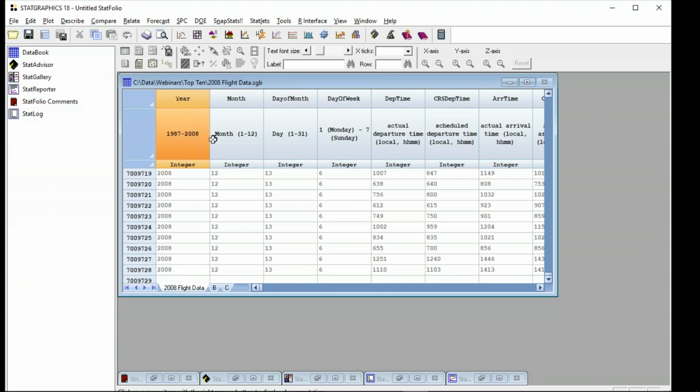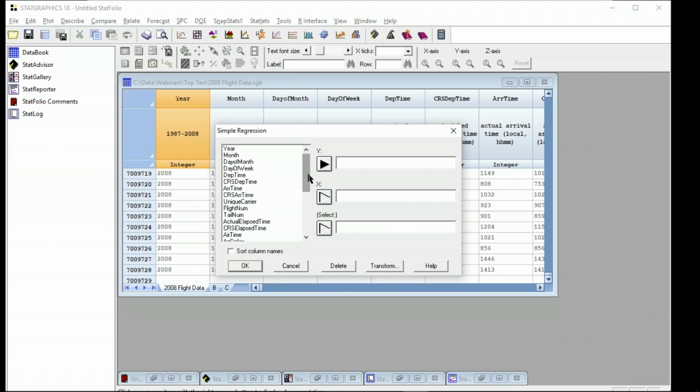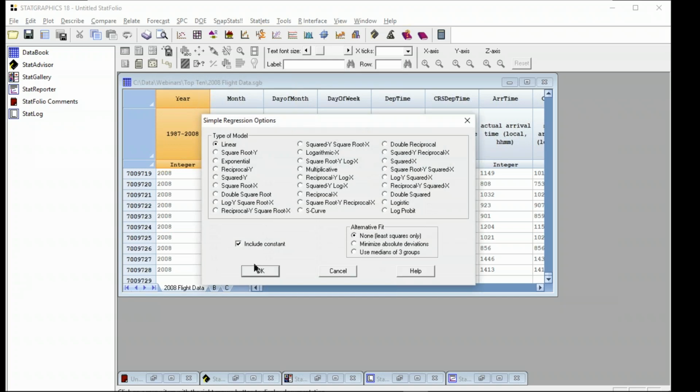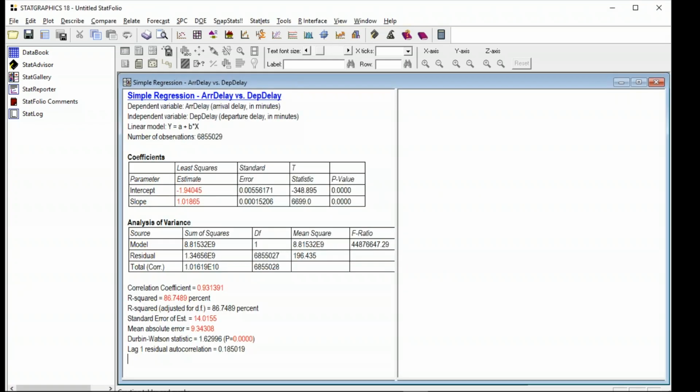Well, let's go ahead and do a regression. Let's select simple regression and ask it to fit arrival delay as a function of departure delay. We'll go ahead, we'll take a linear model, and what I'd like to see is an analysis summary and a plot of the fitted data.